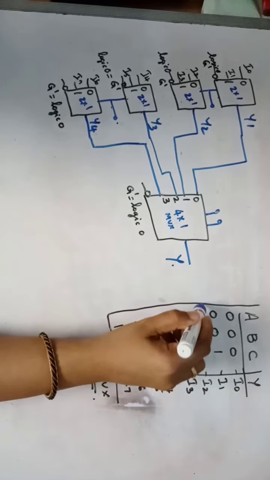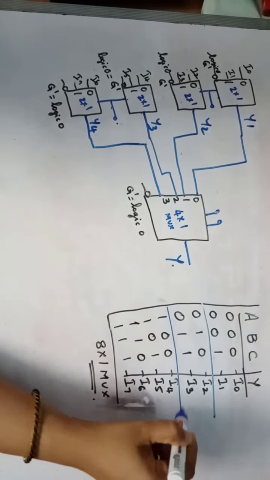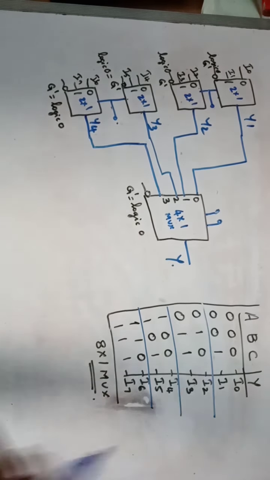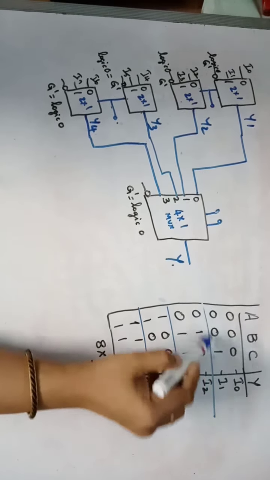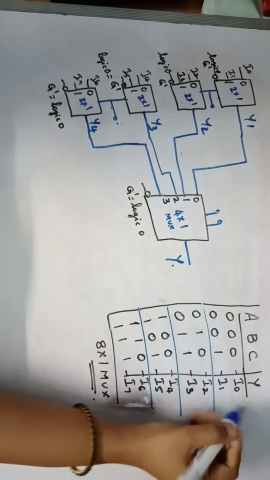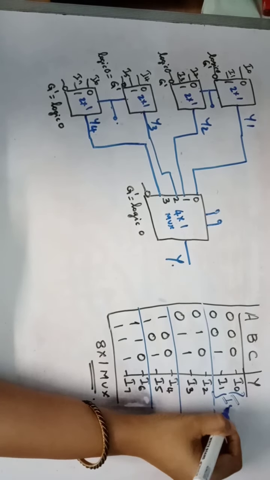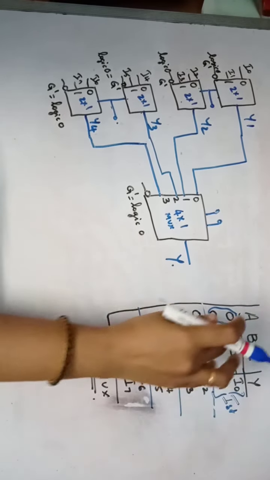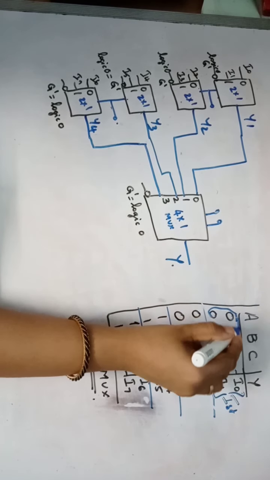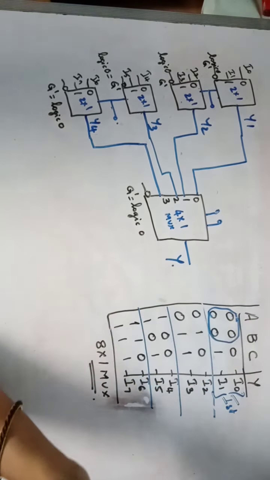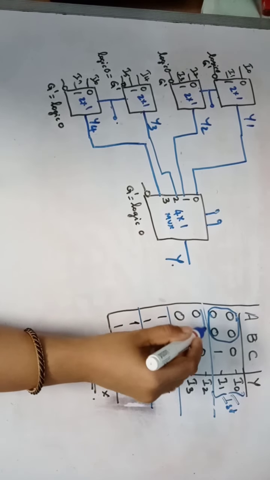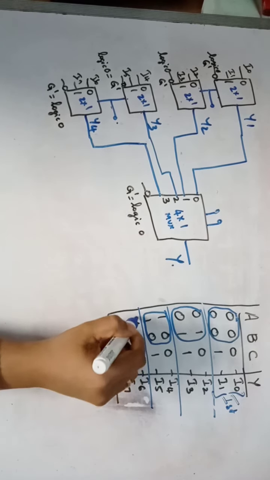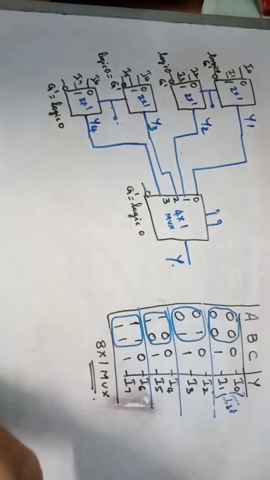So these are the 4 ICs. So here if you see what is common in the first mux, AB is common. Both are 0, 0. Here AB is 0, 1. Here AB is 1, 0. And here AB is 1, 1.